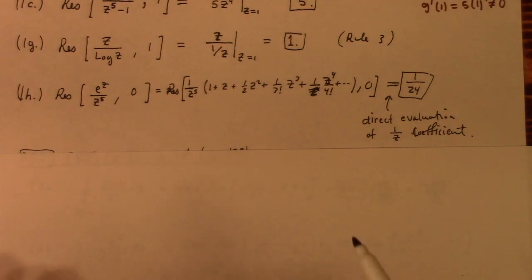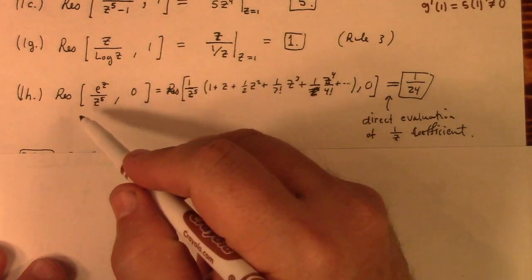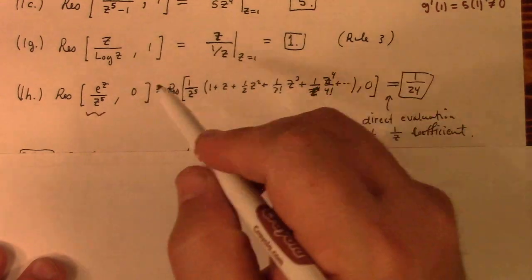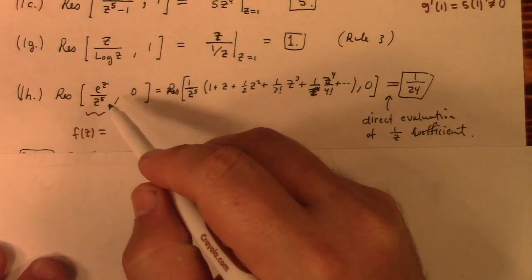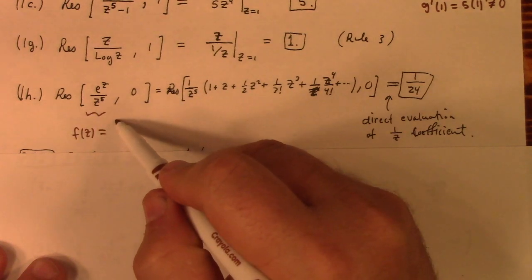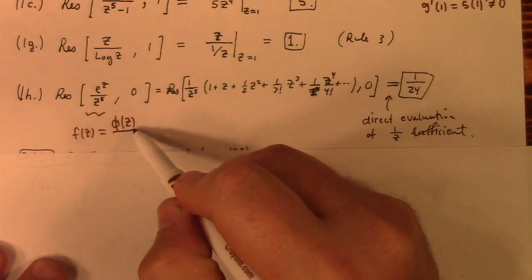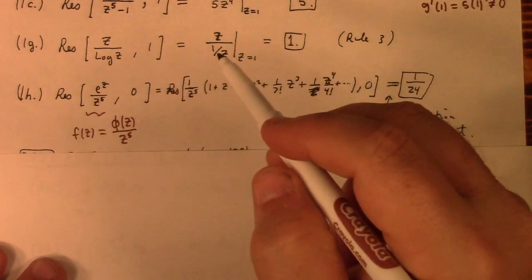So this is really what? This is a pole of what? That's essentially f of z equal to phi of z divided by z to the power 5, right?